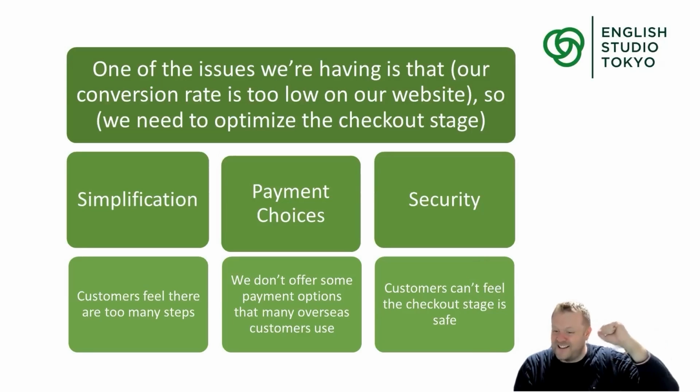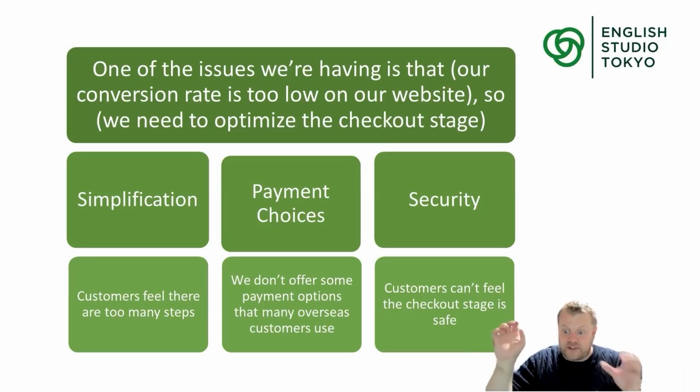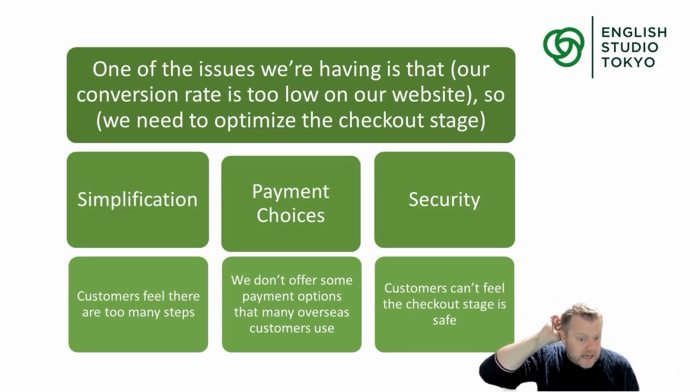Oh, sorry. Signpost, security. Why? Customers can't feel the checkout stage is safe. So at this stage, I've given my problem statement, I've given my point, I've signposted, and I've given the why, the reasons, but I have not given any evidence.